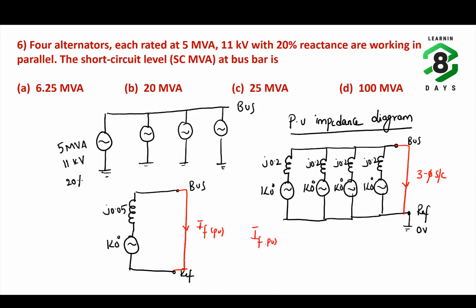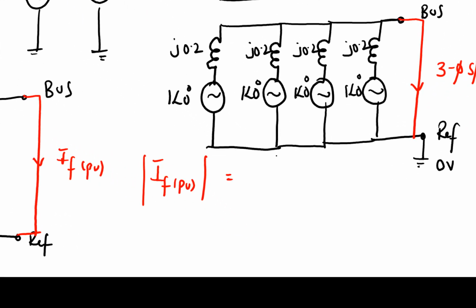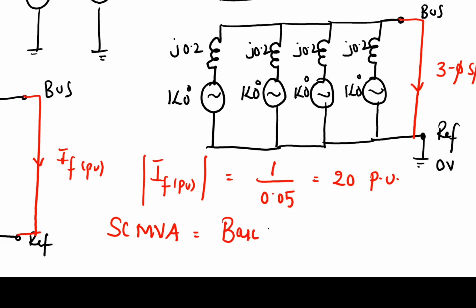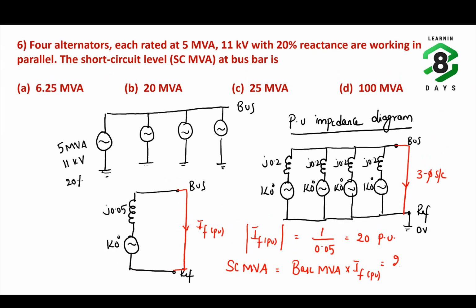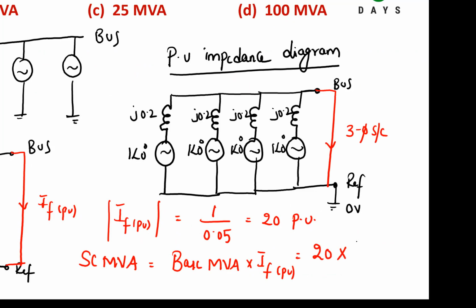If per unit, if you only want the magnitude, this value will become 1 divided by 0.05, that is 20 per unit. Now what is the short circuit MVA? Short circuit MVA or fault level is given by base MVA into IF per unit for three-phase short circuit fault, whose value boils down to 20 into what is the base MVA? 500 MVA.